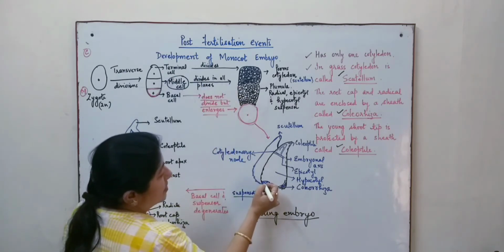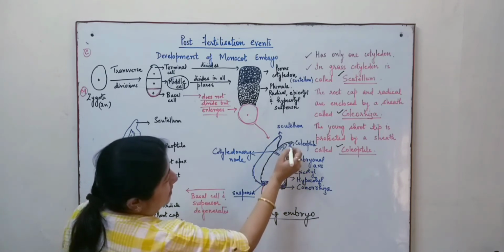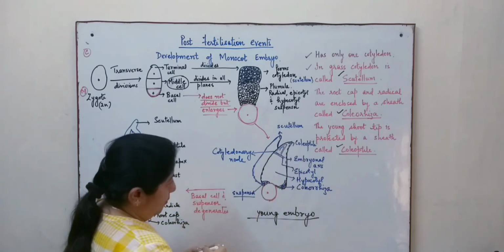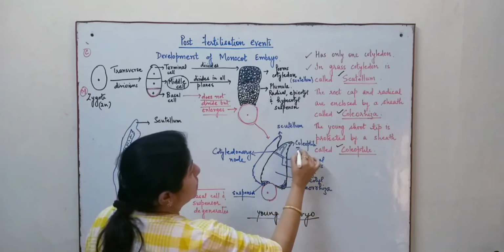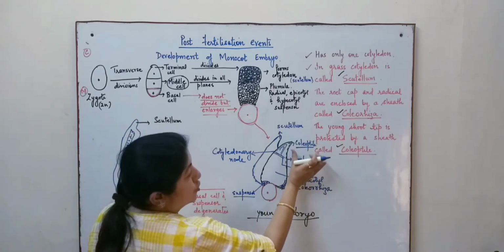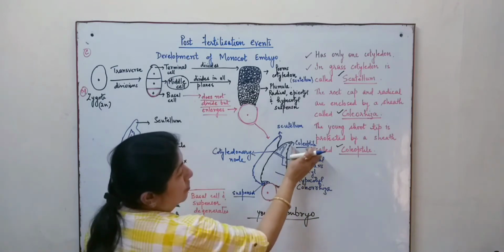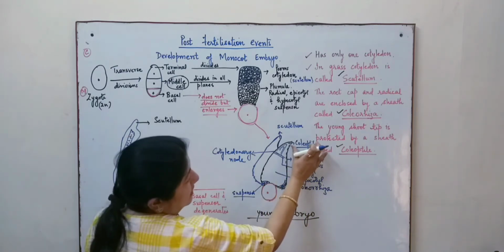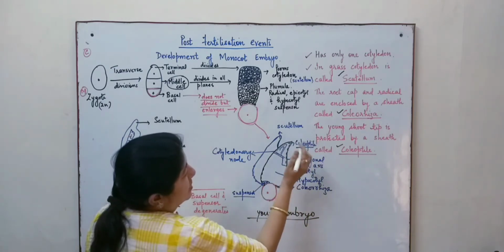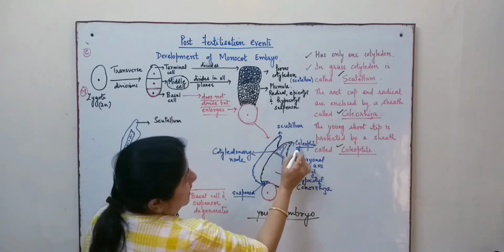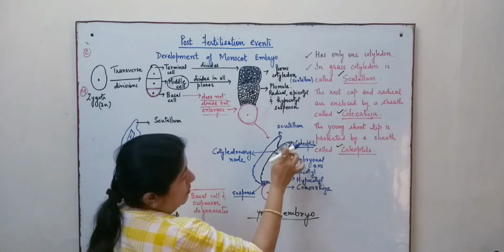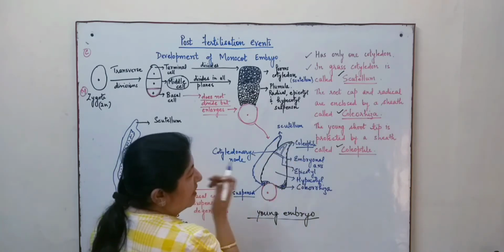Now here the embryonal axis is there and the tip of the portion over here is known as coleoptile. This will develop as shoot later on. So coleoptile is the protective sheath, because we are talking of a young embryo. This coleoptile will be covering the developing shoot tip.